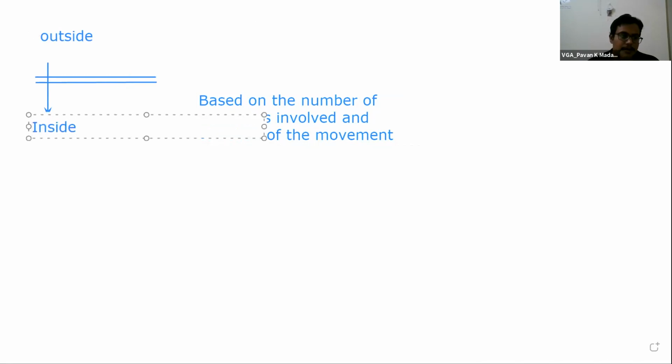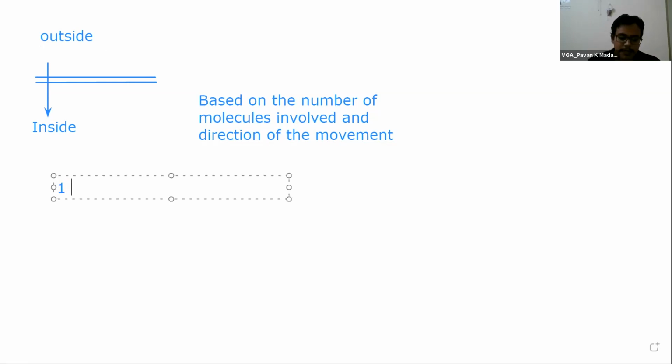So molecules are coming from outside to inside. Is it clear, right? Only one molecule is moving. As only one molecule is moving, this is called uniport.